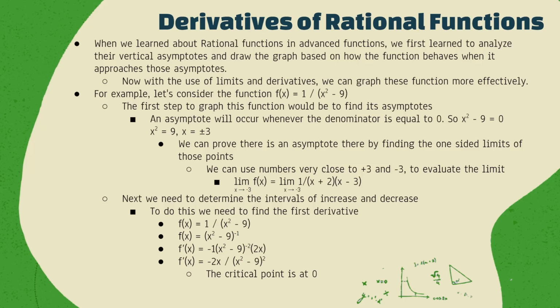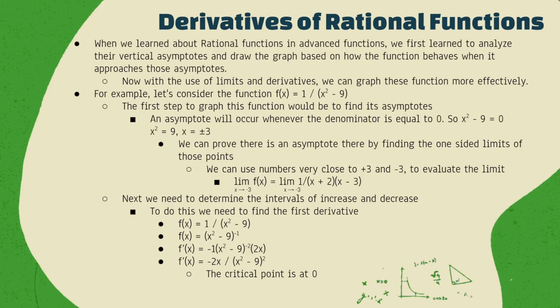So when we want to graph a rational function in grade 12 advanced functions, we would find out how to factor it, right? We knew the three different ways that rational functions could be presented. And once we factored it, we would create an interval chart, discover where it goes up and down, so increasing and decreasing, and from that we would make a graph.